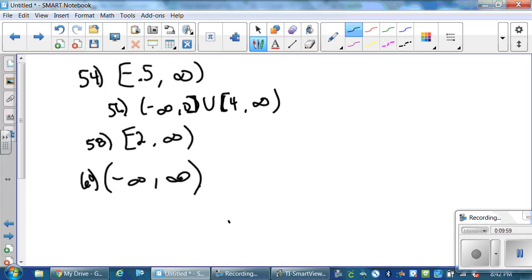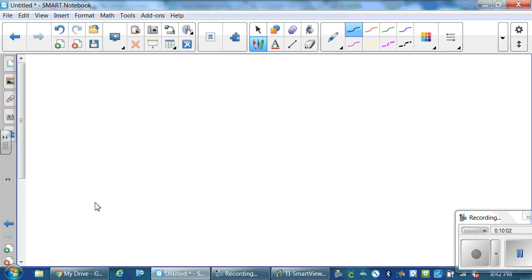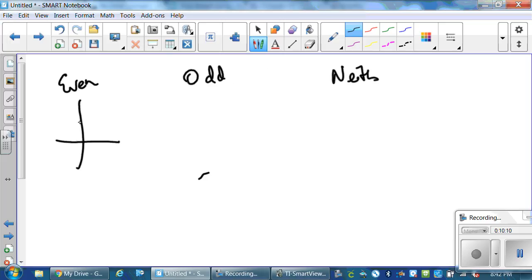Alright, 62, 64, and 66 ask about even and odd functions. I tried to give you notes on this today, but let's just review it a minute right here. Even functions are split by the y-axis, so it could be something like this, where the y-axis is your line of symmetry. It could be even an absolute value function if that y-axis was hitting it in the middle.